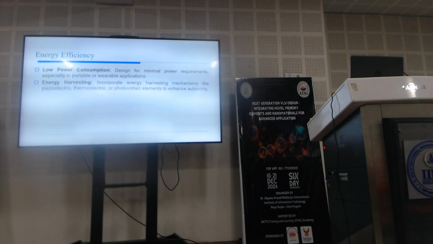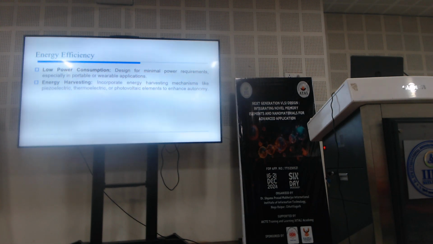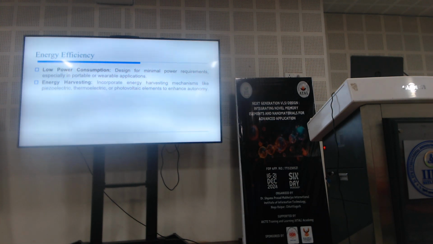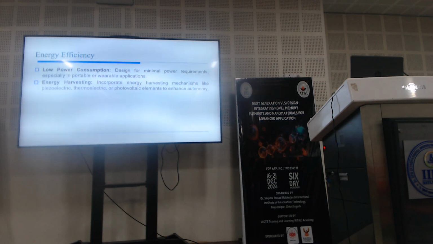Even with our mobile phones, which we use daily, I don't know how much time we spend on them, we keep checking the battery percentage. If we are traveling, we only optimize our power, without using some applications. That is a simple matter. So whenever we design any kind of sensor, we have to see how much power it consumes. It should work with very little power.